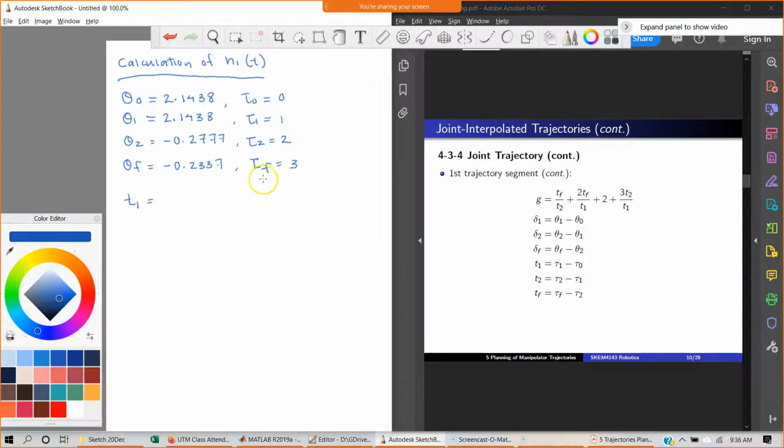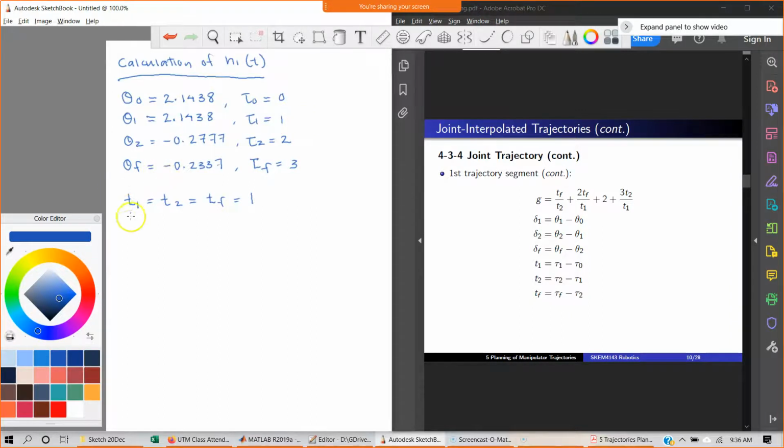And Tf is tau f minus tau 2. So they all equal to each other, right? In this particular example, T1 equals T2 equals Tf equals 1. Because 1 minus 0 is 1, 2 minus 1 is 1, 3 minus 2 is 1.